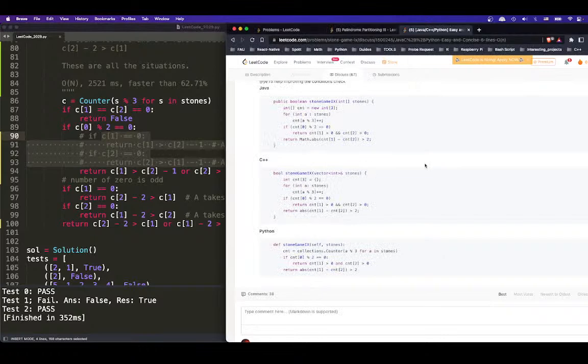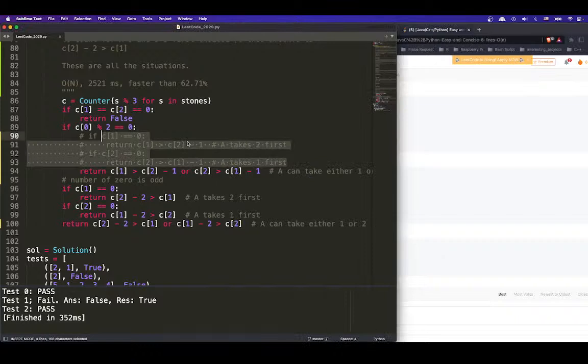Yeah, if C1 is 0, A will lose. If C2 is 0, A will lose. It's only if C1 and C2 are not 0. If C1 and C2 are not 0, then we can say C1 larger than this, or C2 larger than this.